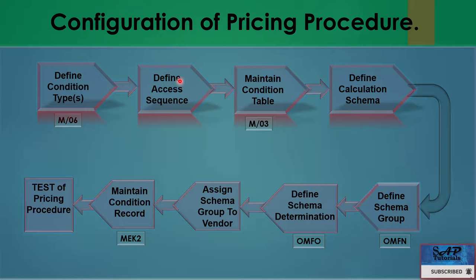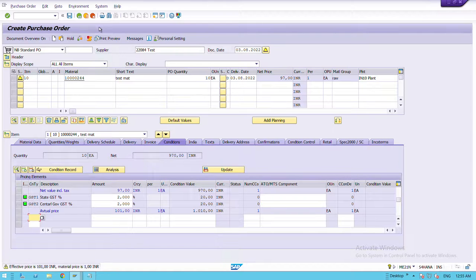So now I will show why these three things are here and how these are useful. Many people have confusion with these three things only. So this is not that hard. Once you define your pricing, these three things will be easy. Now I will show you how to use these three things. Okay, so let's go into system. First we will define some access sequence. So go into system.